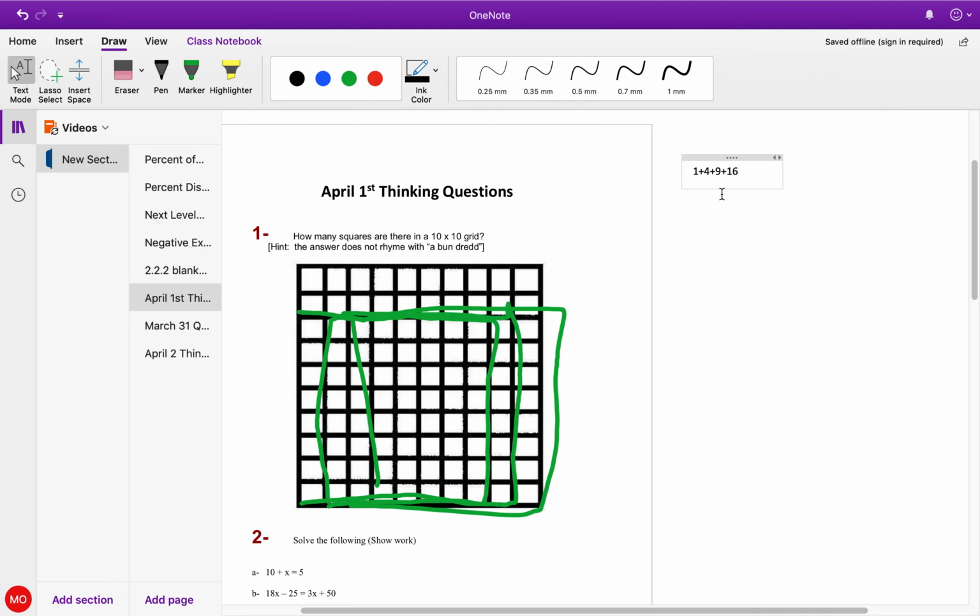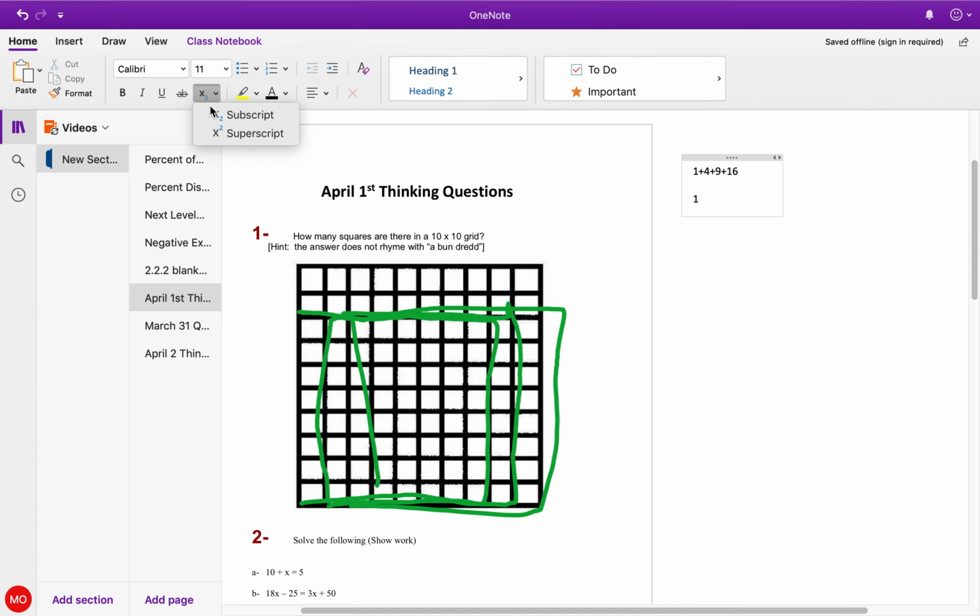But if you look here, I could also rewrite the exact same thing up top, as in 1 squared plus 2 squared plus 3 squared plus 4 squared.